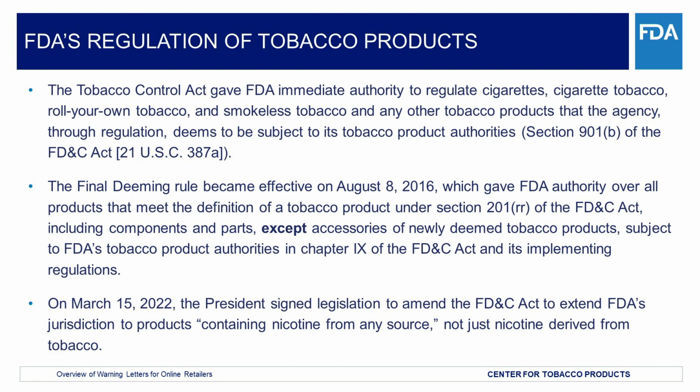See Consolidated Appropriations Act 2022, Public Law 117-103, Division P, Title I, Subtitle B. Specifically, this legislation expanded the definition of tobacco product under Section 201(rr) of the FD&C Act to include products containing nicotine from any source. Tobacco products, including products containing nicotine from any source, must be in compliance with the FD&C Act and its implementing regulations.